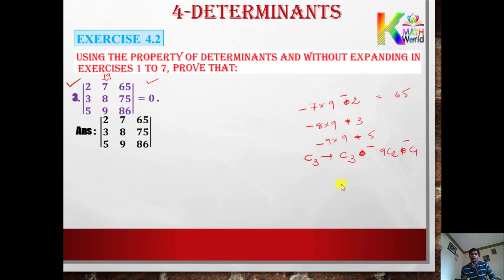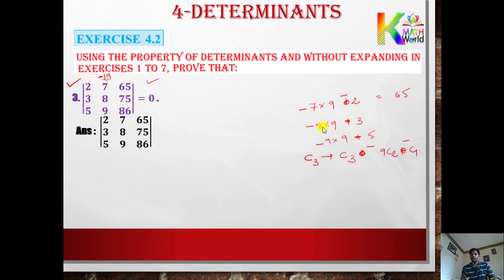It means which operation are we going to perform on C3? C3 minus 9C2 minus C1. It means multiply the second column by minus 9, multiply the first column by minus 1, then whatever result you got, you have to add into which column? The last column.